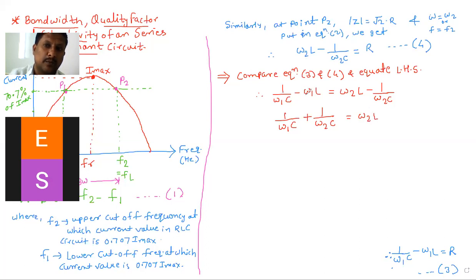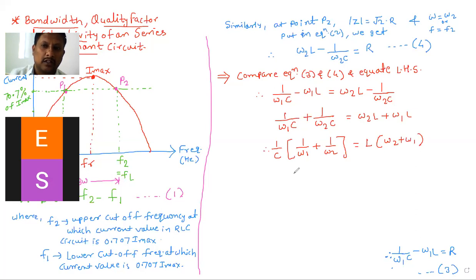This minus omega 1 into L goes to the right hand side, becomes plus omega 1 into L. Now take the common factor here, 1 upon C. After taking 1 upon C common, what remains is 1 upon omega 1 plus 1 upon omega 2 is equal to, the common factor here is L. So in the bracket what is remaining, omega 2 plus omega 1.